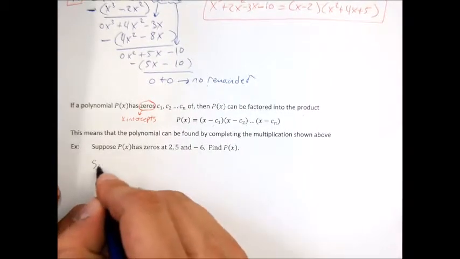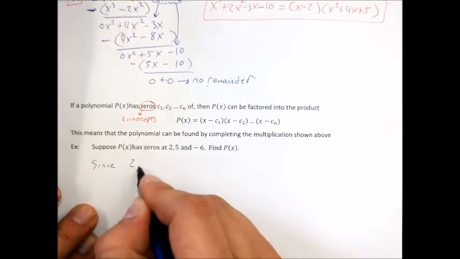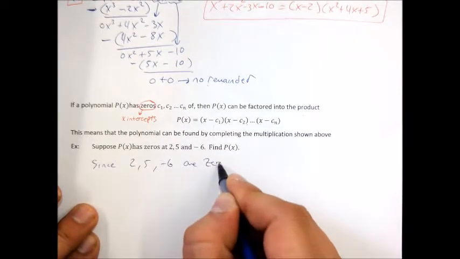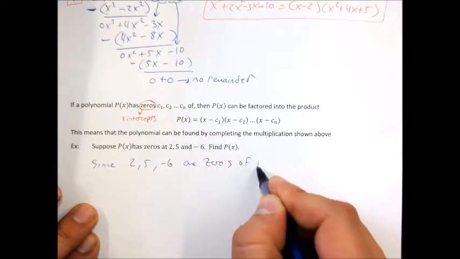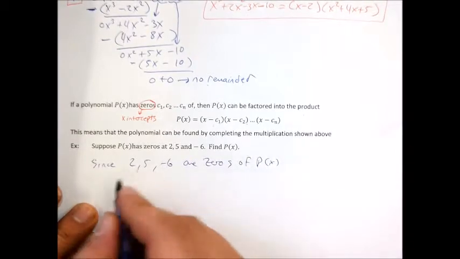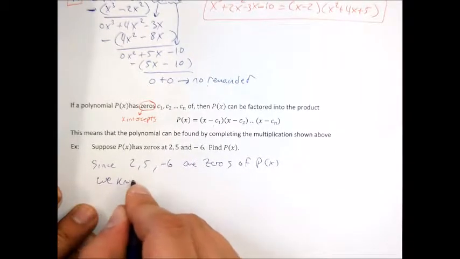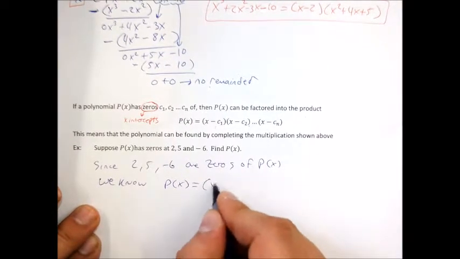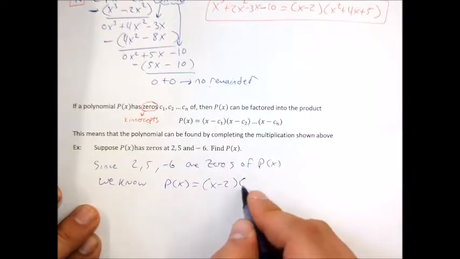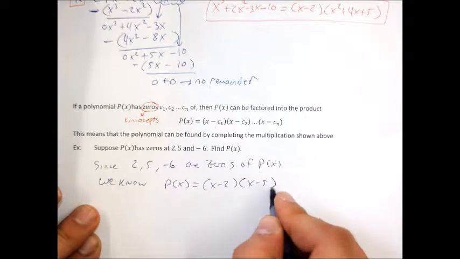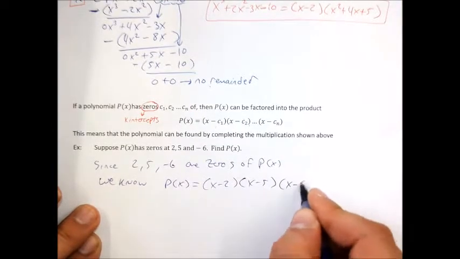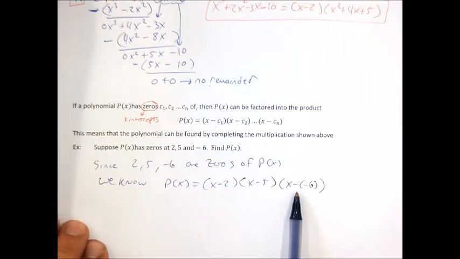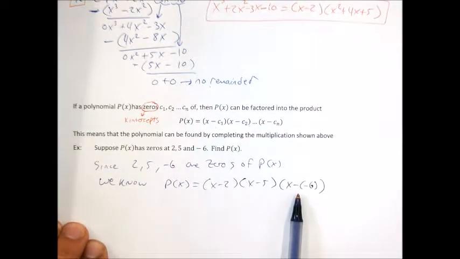So since 2, 5, and negative 6 are zeros of p of x, we know that it can be written in factored form as x minus each of them. So x minus 2 times x minus 5 times x minus minus 6. And so the x minus minus 6 is going to be a plus 6.